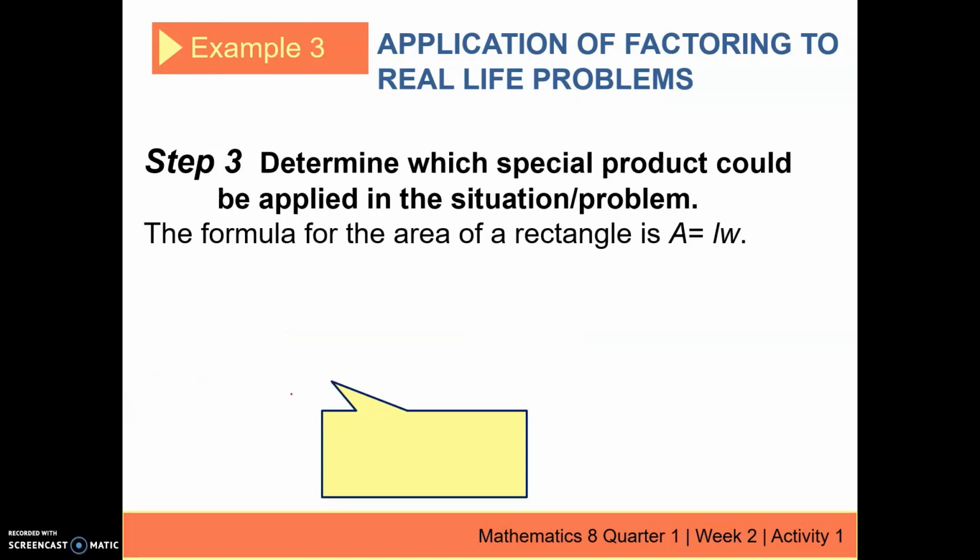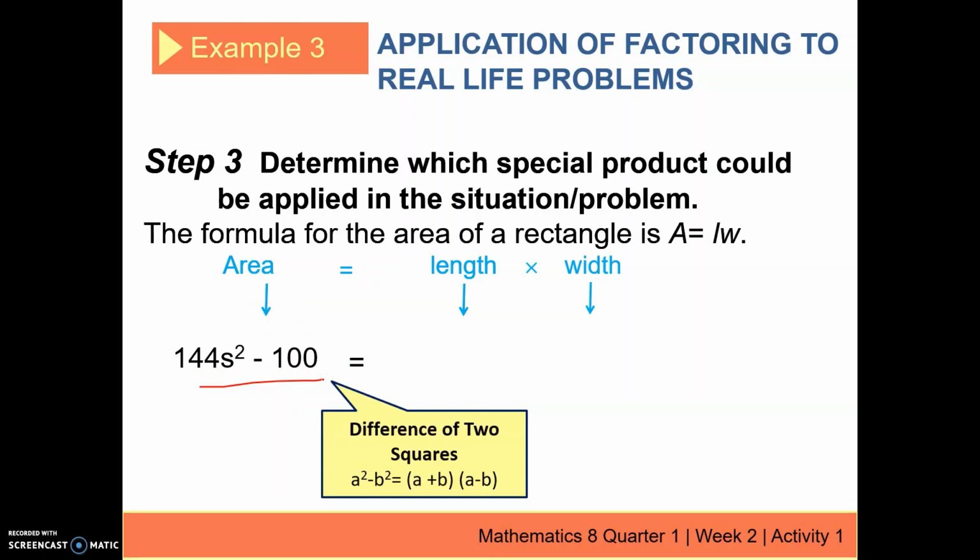Step 3. Let's determine which special product could be applied in the problem. The formula for the area of a rectangle is A equals L times W. The area given is 144s squared minus 100. We are looking for the length and the width.